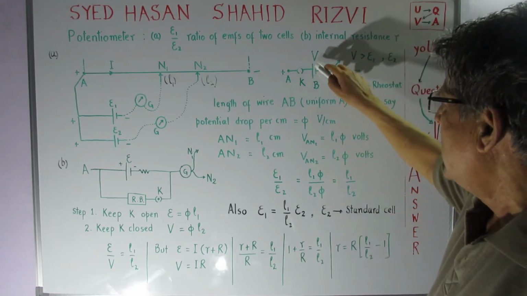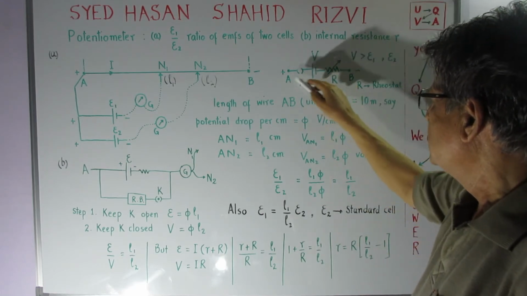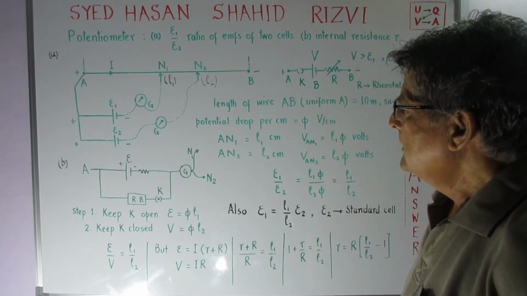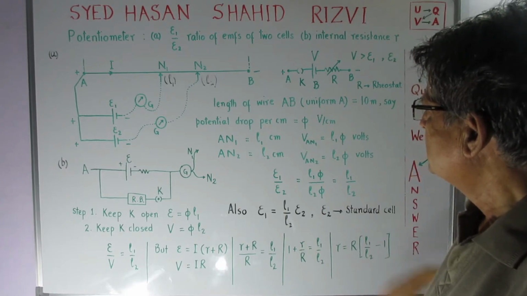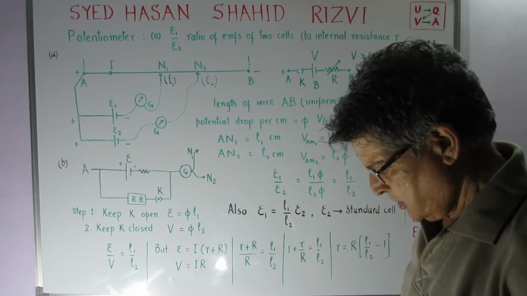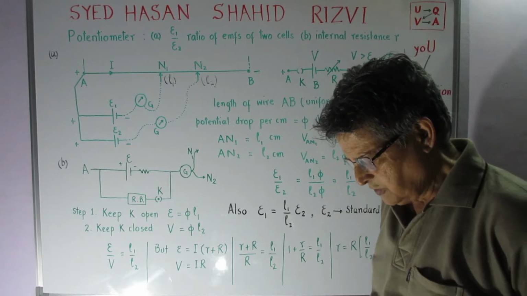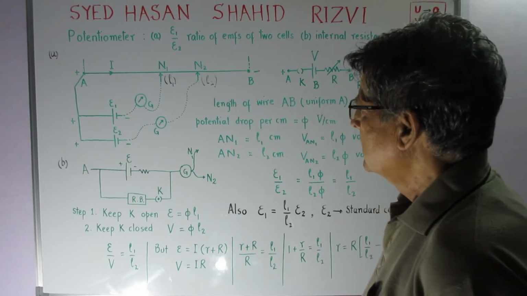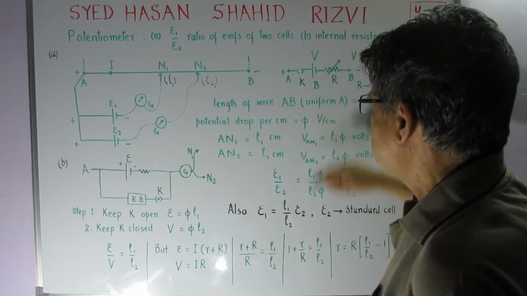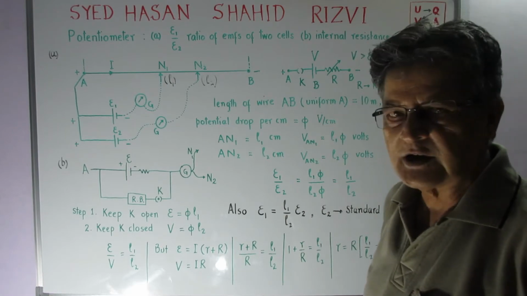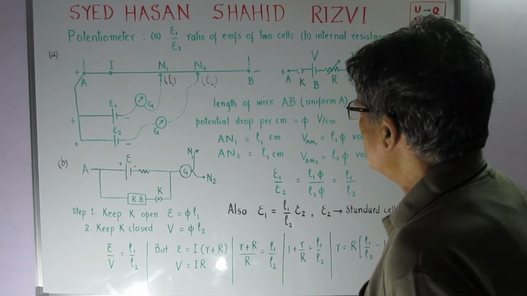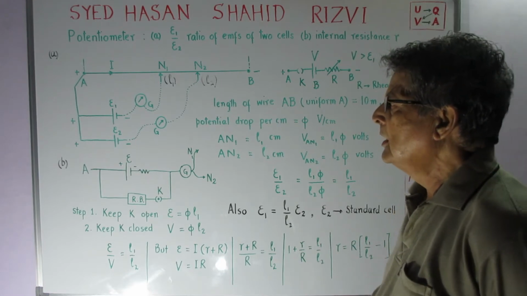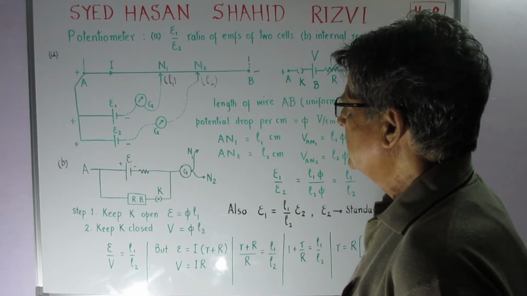Now, I have a cell which is connected to this rheostat, and the terminal voltage, or the EMF of this cell is high enough. It's almost of constant terminal voltage, and this is able to put in a current I in this wire.